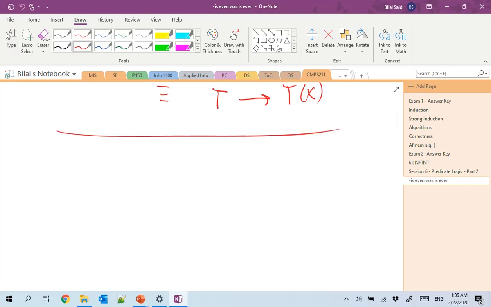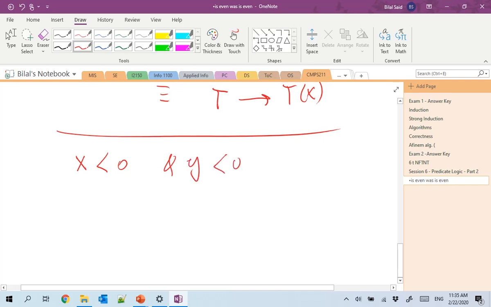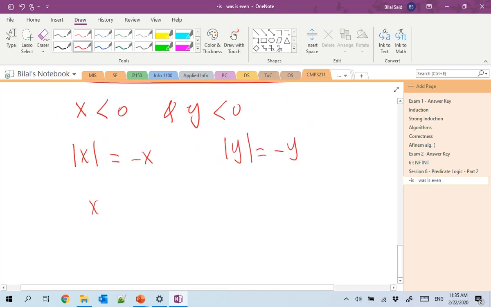If x is strictly less than 0 and y is strictly less than 0, then by definition, the absolute value of x is equal to what? To minus x, and the absolute value of y is equal to minus y. What about x times y? x times y is positive.